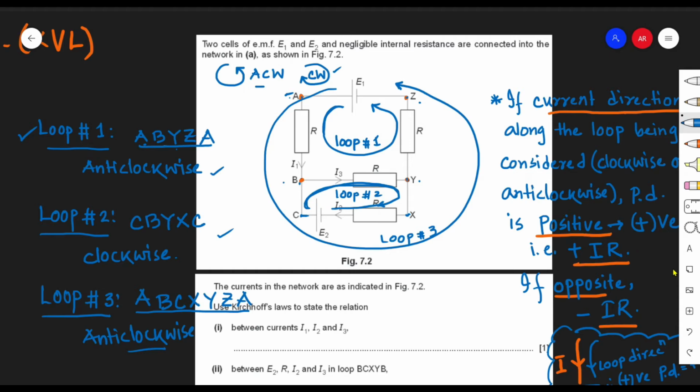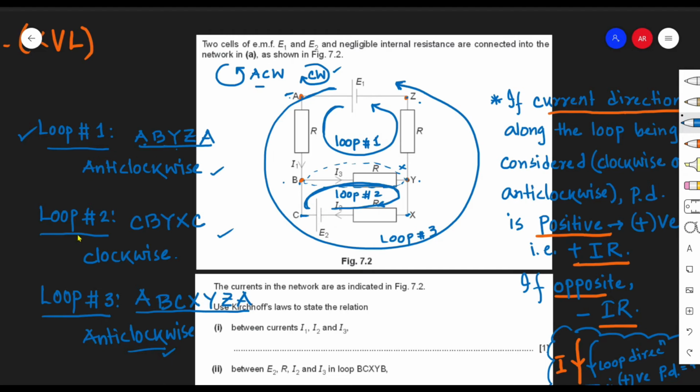The third loop is the one that I drew in the outer circuit, ABCXYZA. I chose it anti-clockwise, just randomly. You do it yourself and you will get the same expression. You will get the same equation for whatever you choose, if you just follow the thumb rule that I explained.